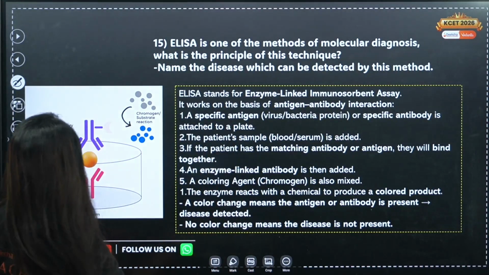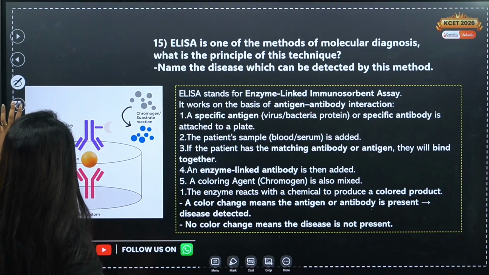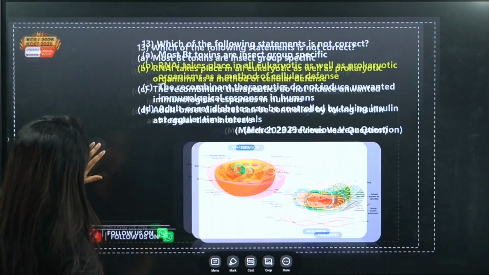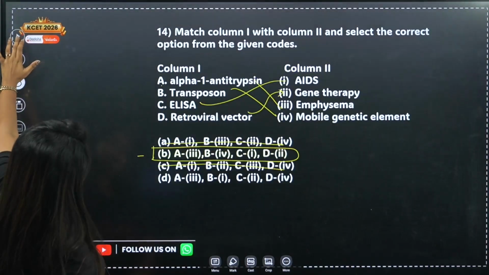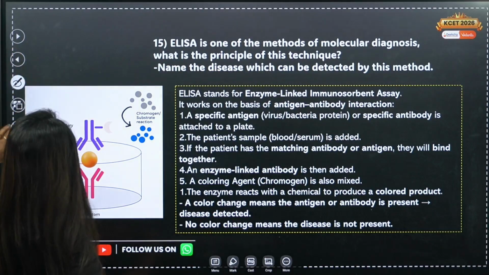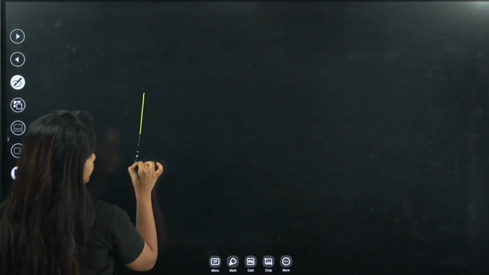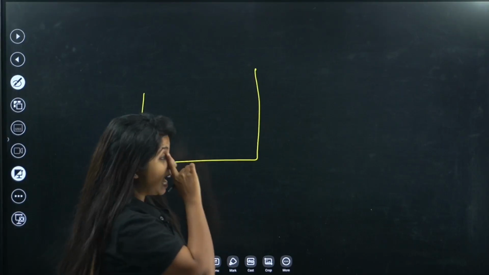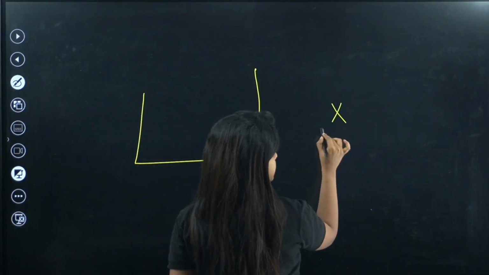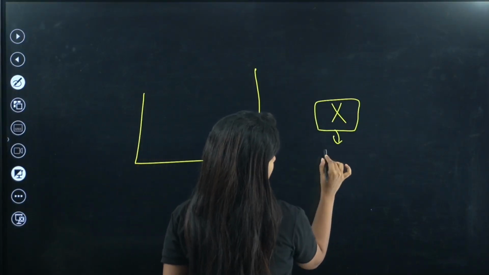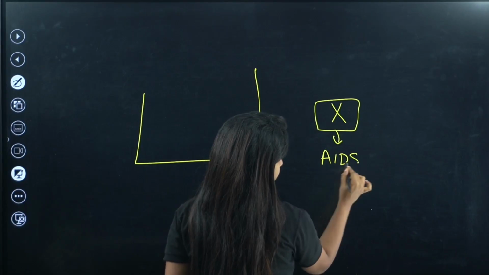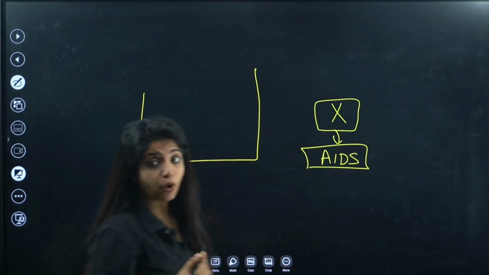Suppose a person X has a doubt whether he or she has AIDS, which is caused by the HIV virus.